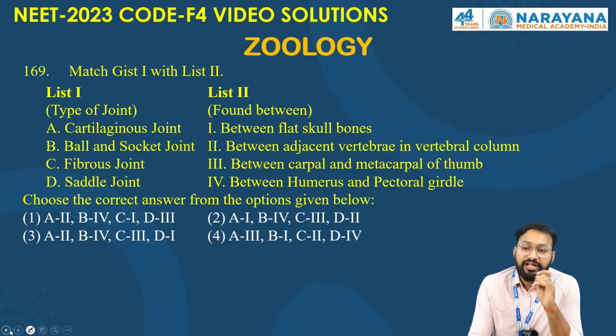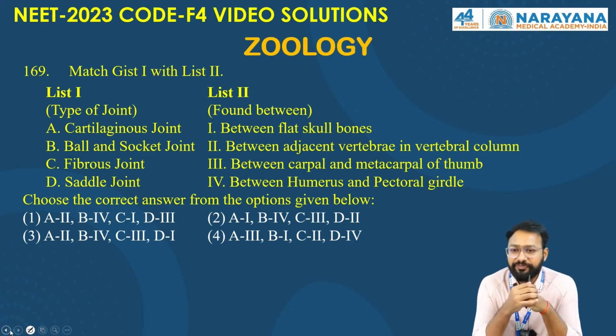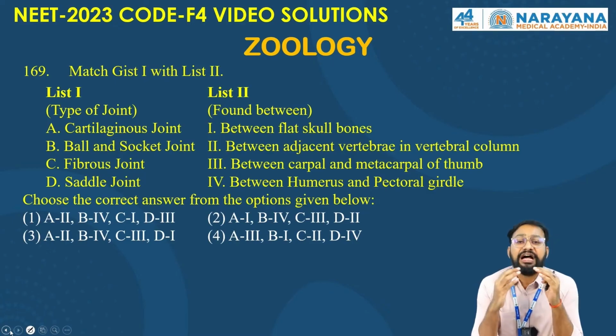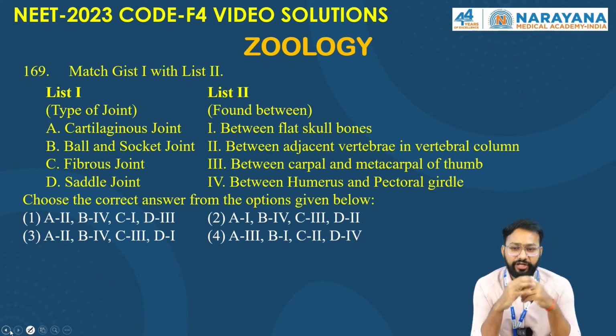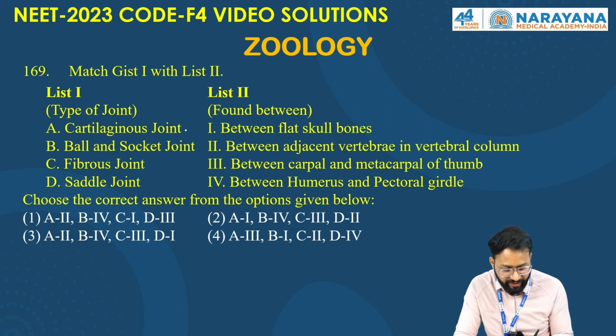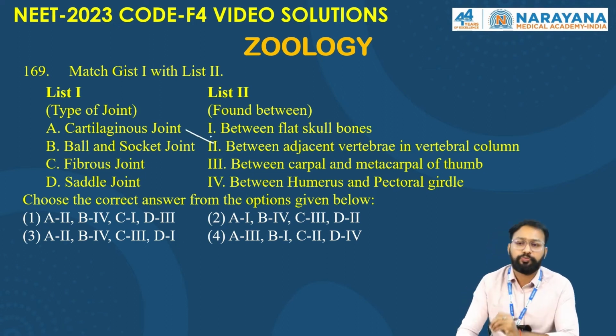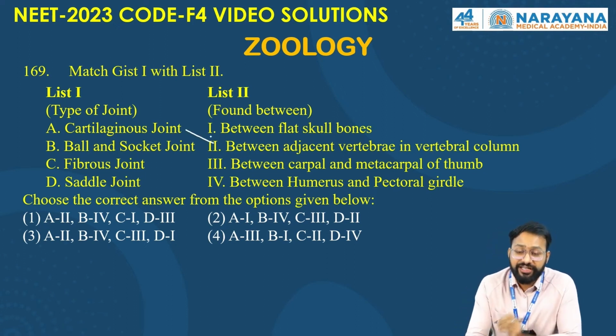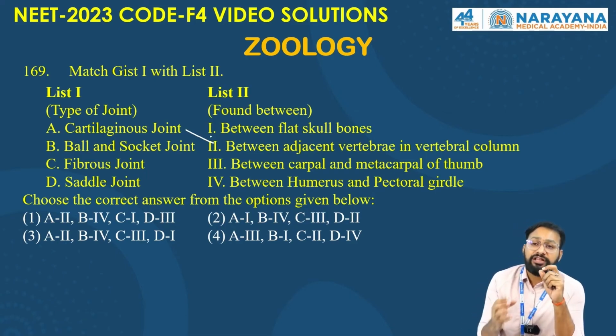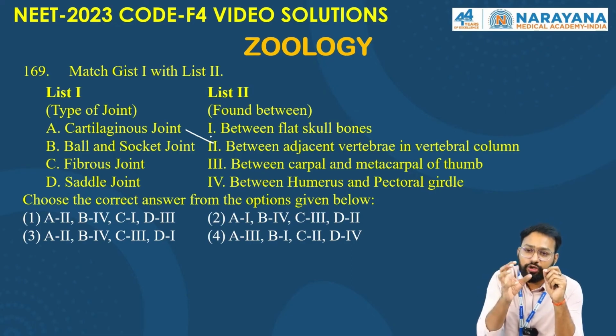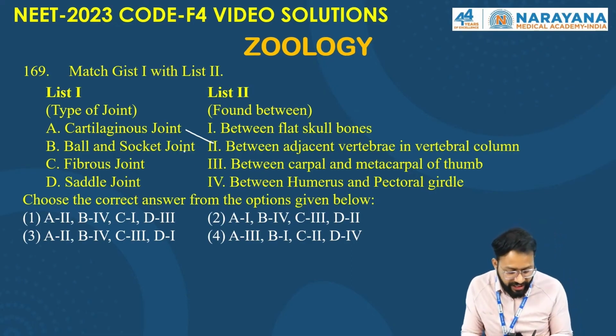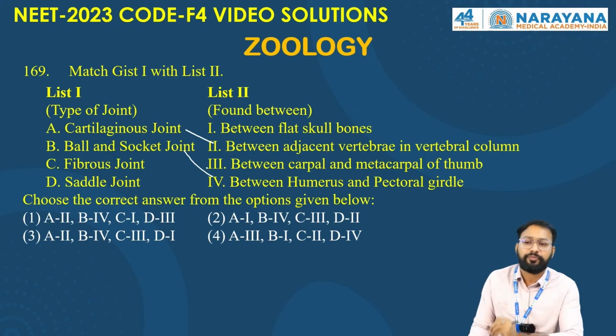Moving to the next question, related to joints from locomotion and movement itself. Cartilaginous joint helps in comparatively little movement due to the presence of cartilage. It can be seen between the adjacent vertebrae found in the vertebral column. So A will be 2. Ball and socket joint is a type of synovial joint, a freely movable joint found between the head of humerus and the pectoral girdle in the glenoid cavity. So B will be 4.